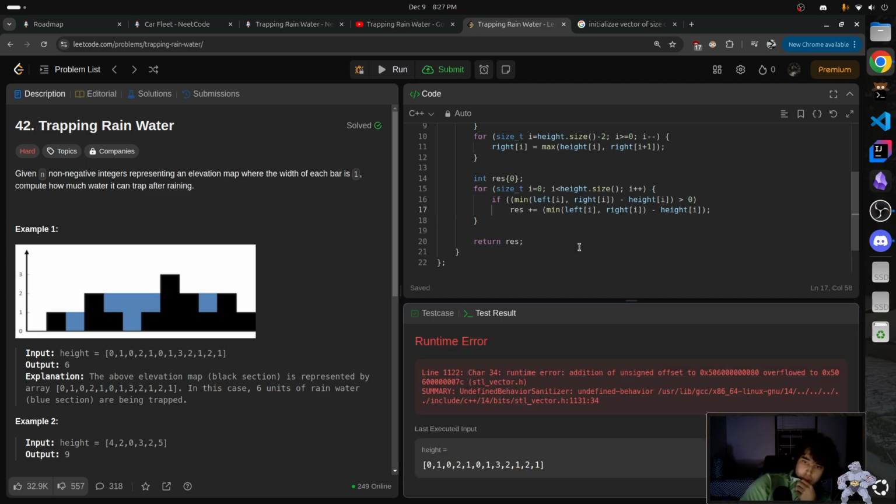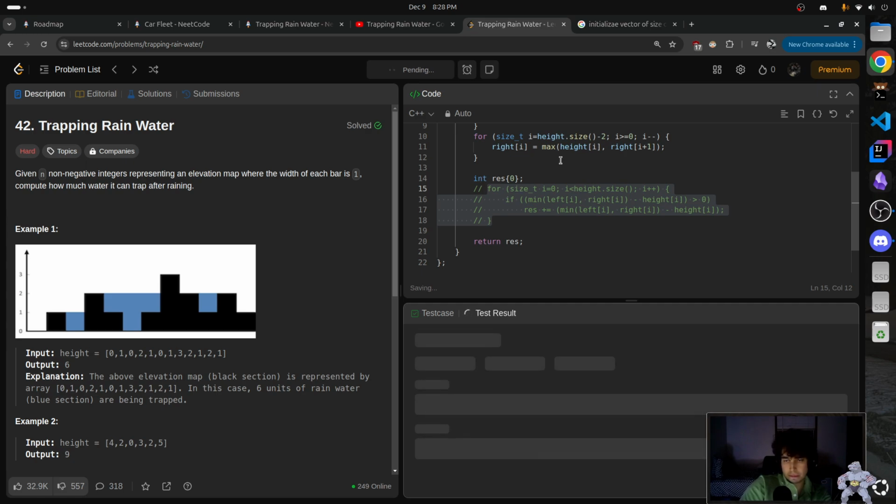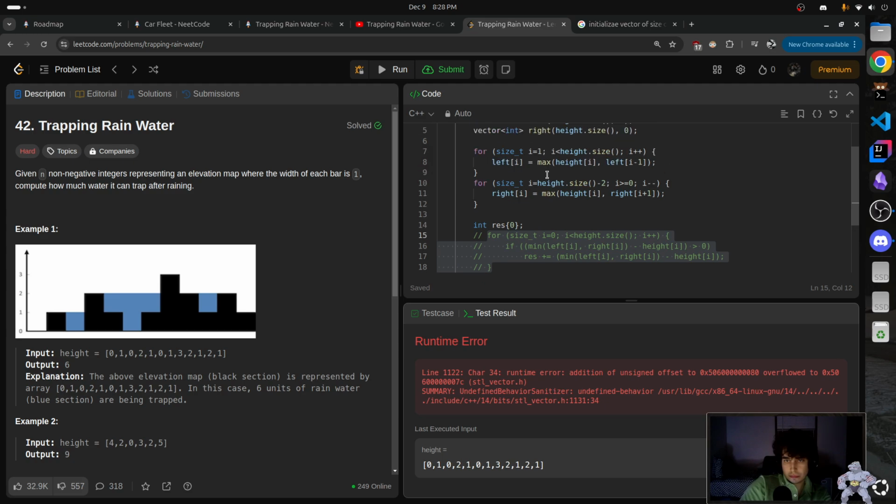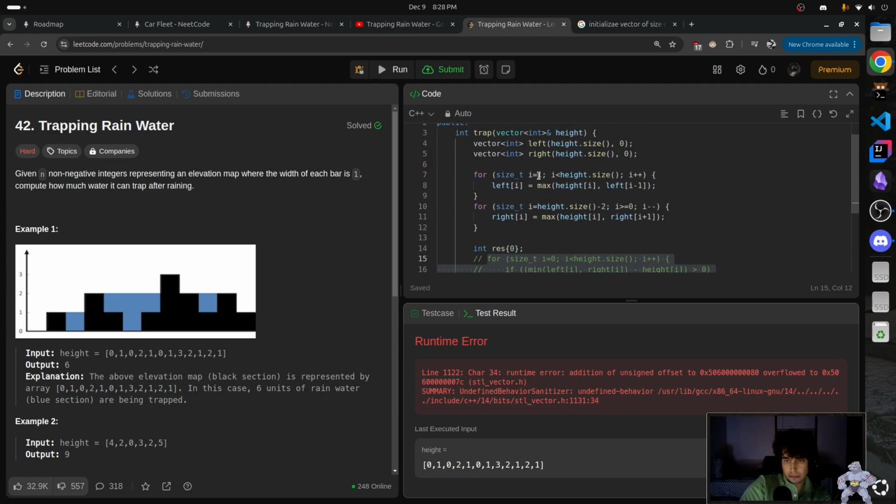Bruh, overflowed? Let me just make sure. Char runtime error, addition of unsigned offset to overflow.